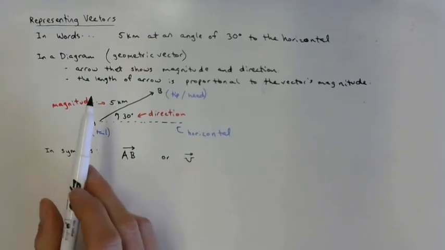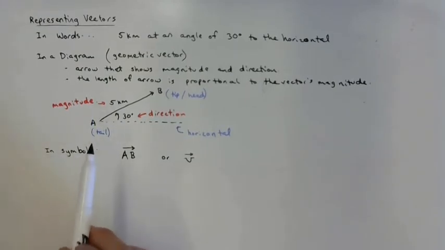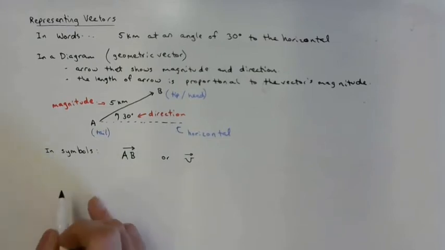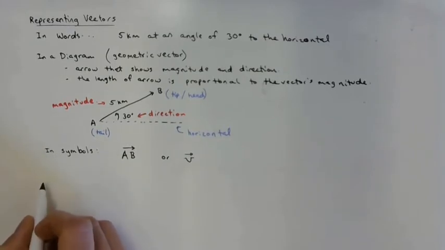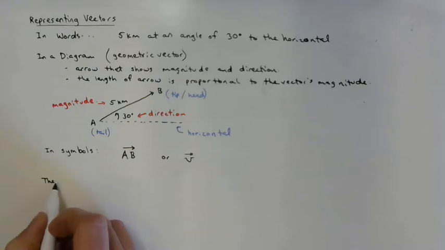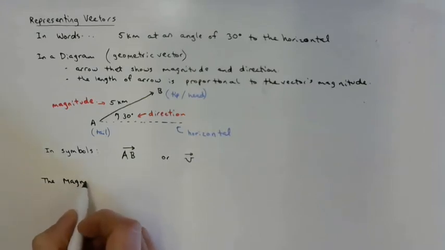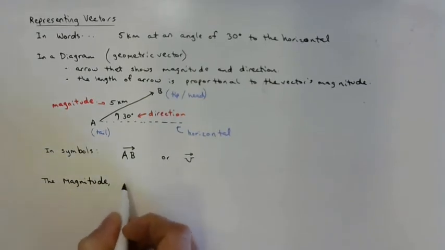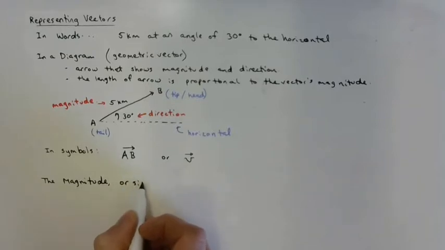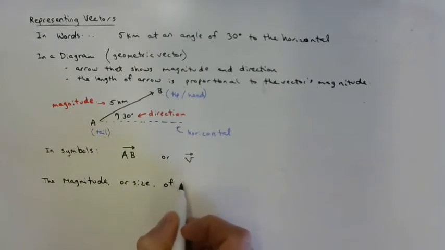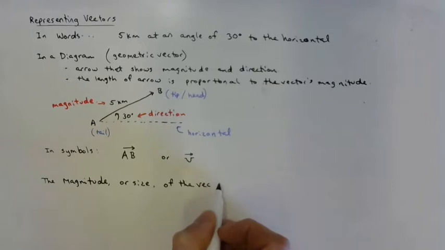Now, sometimes we just want to talk about the magnitude of the vector and not its direction. So if you just want to talk about the magnitude, which is like the size of the vector.